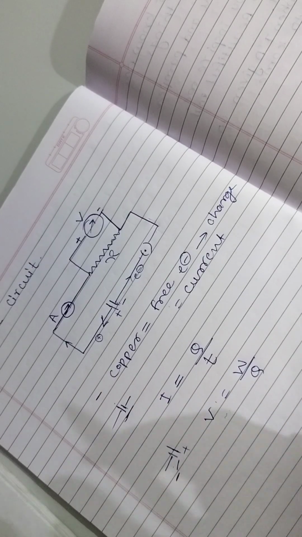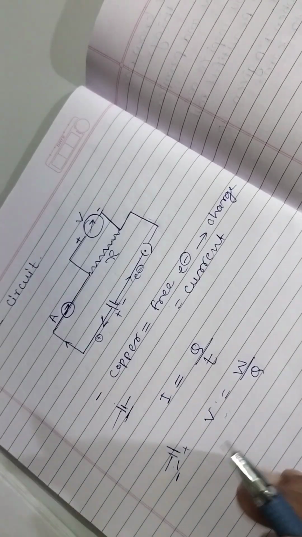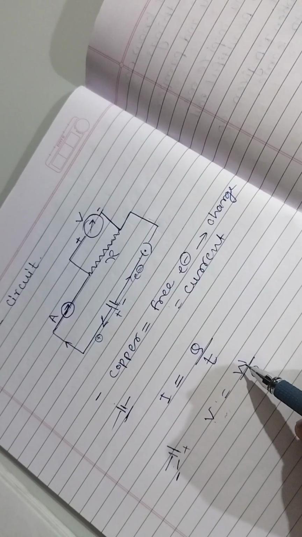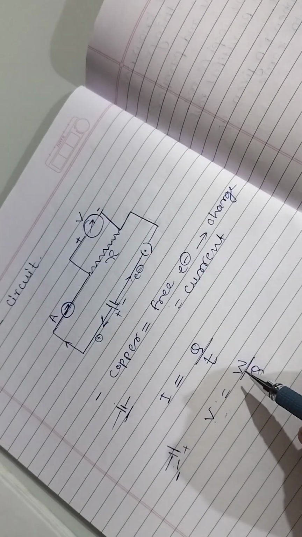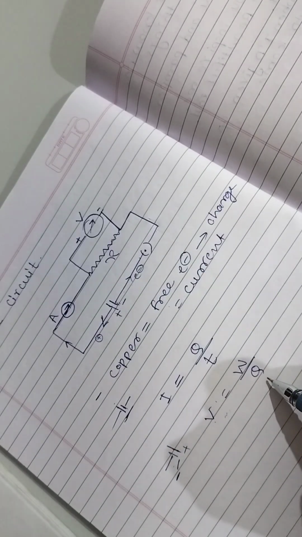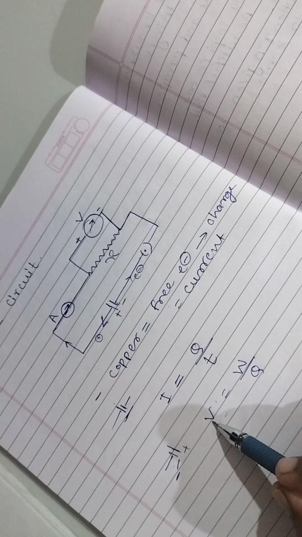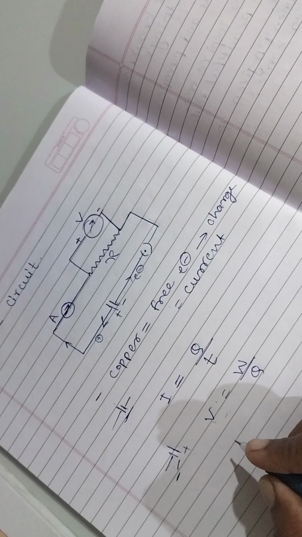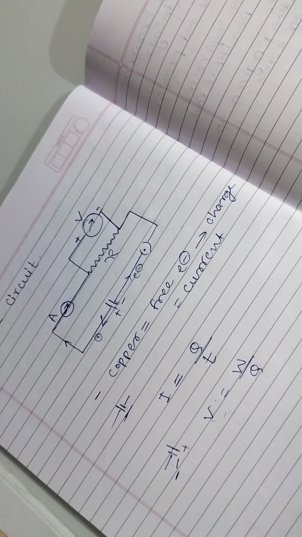So whatever the difference between these two points, that is called the potential difference, and it is denoted by V, right? And the work that has to be done to carry this charge, per unit charge transferred, is called the potential difference. Understood?